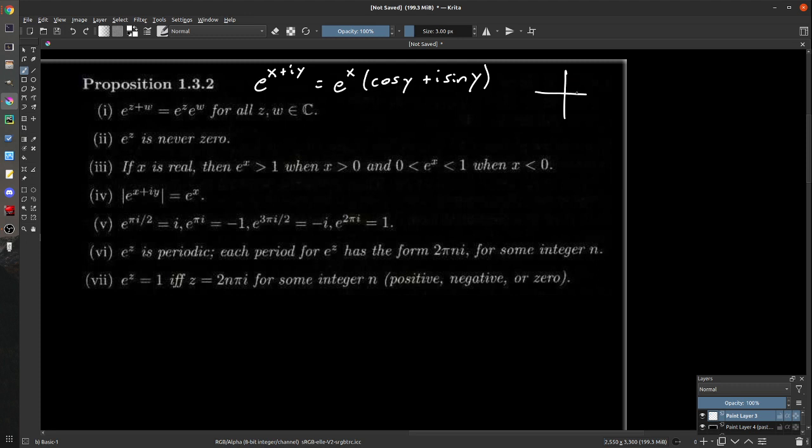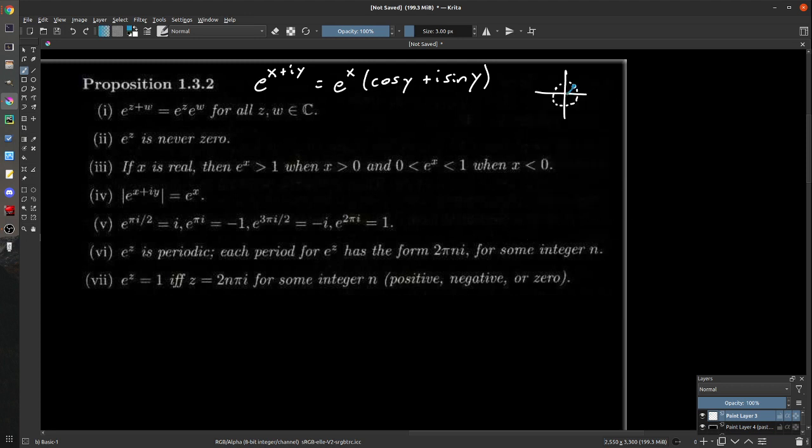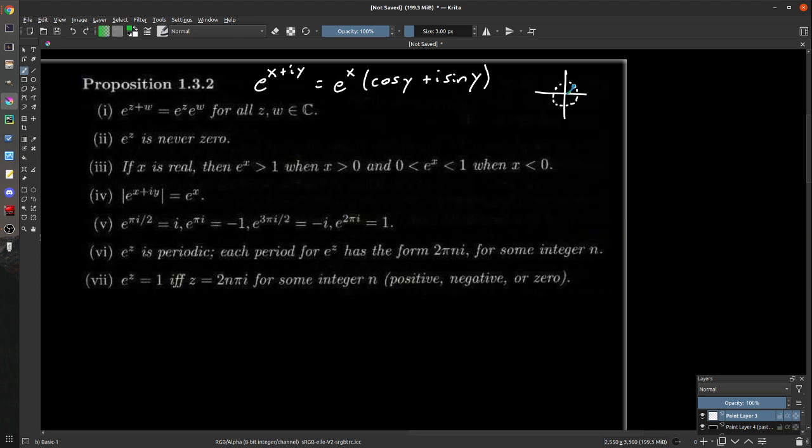So the angle of y determines where we're at on the unit circle, and then the e to the x tells us how far we're stretching it, whether it's going to be way out here or really small and just barely like that. See what I'm saying? So that's pretty standard. You can just imagine it geometrically.